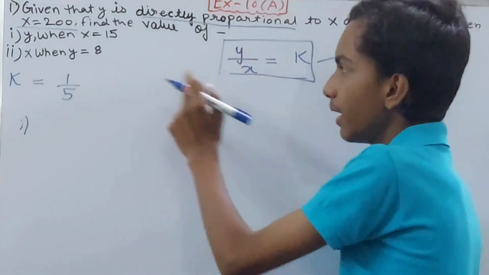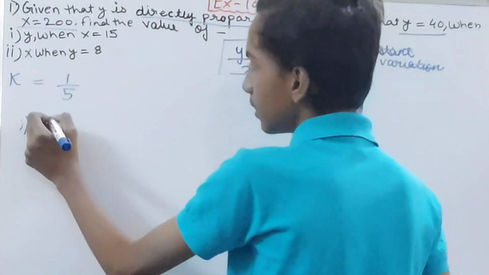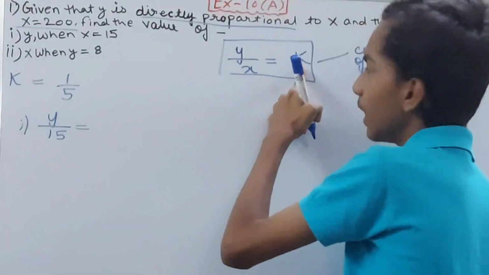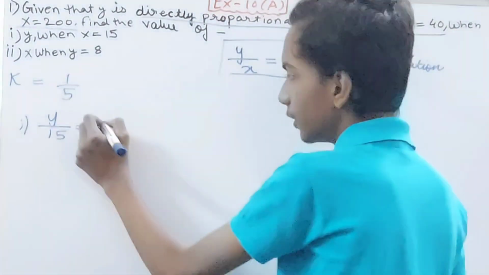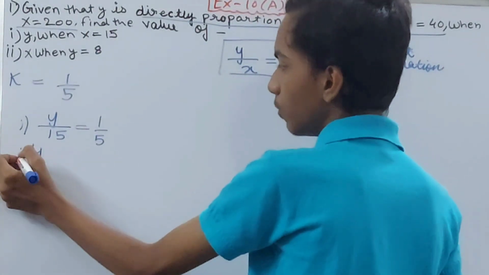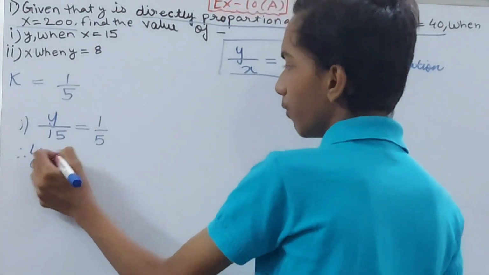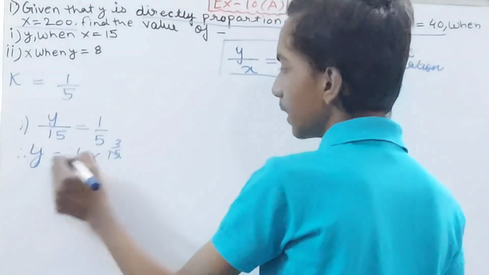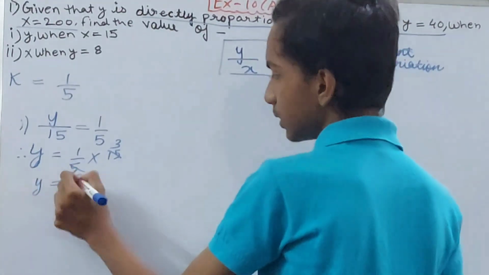We don't know y here. x we know, that is 15, is equal to k, the constant of variation that we have just taken out, 1 by 5. So y will be equal to 1 by 5 into 15. So 3 here. y is equal to 3.